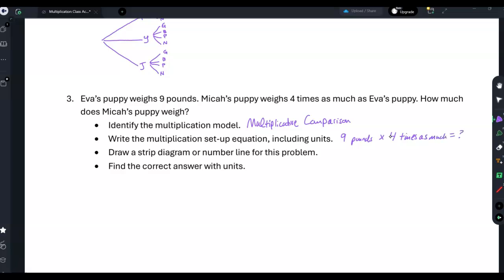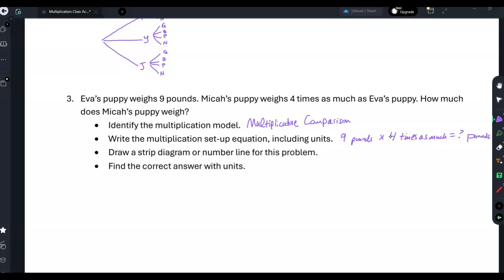And then we're trying to find, this would still be in pounds, right? So this is 9 pounds for Ava's puppy. Micah's is 4 times as much. So then we're trying to find the number of pounds for Micah's puppy, right? So still in pounds. So then this says to use a strip diagram or number line for this problem.